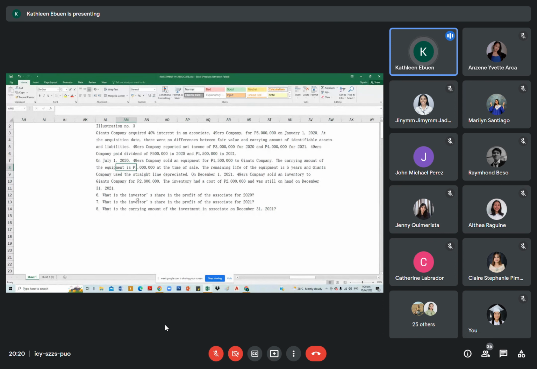And tinatanong sa atin, what is the investor share in the profit of the associate for 2020? Okay. So, una, class, no, i-adjust po natin yung net income ni investee. Sana si investee si Giants. Sana yung net income ni Giants. Ito. Ay, hindi.